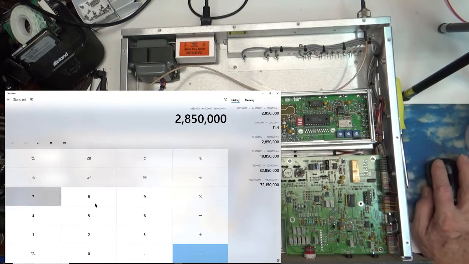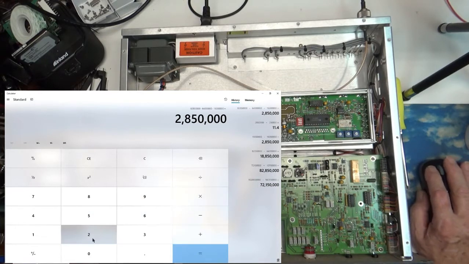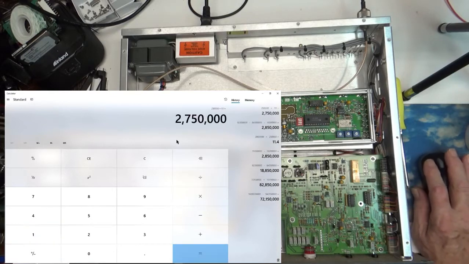Let's see, how do you do that on here? It doesn't have parentheses. So what is 250,000 times 11 equals 2,750,000.